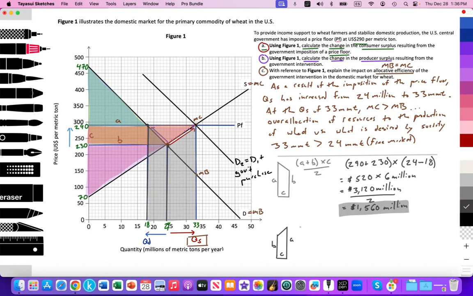And so that's going to work out to, here we have this height, 290, plus the other height of 230. That's the same as the previous trapezium, multiplied by a different base. You have 33 million metric tons minus 24 million metric tons. And so that works out to 520 times 9 million.